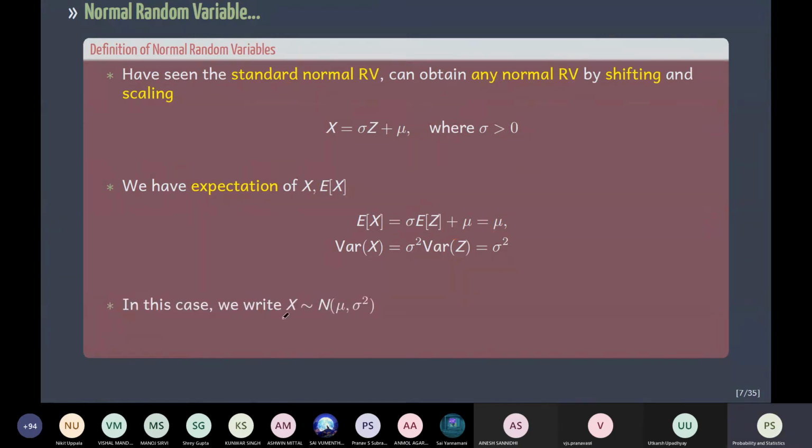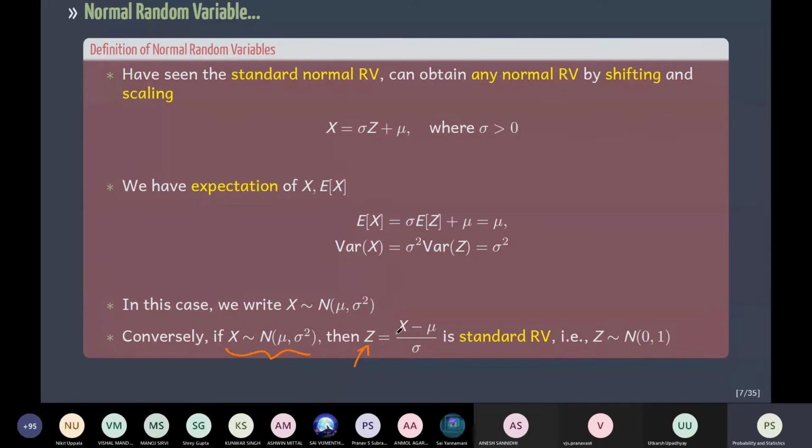So for a normal distribution, we write it like this. Now in place of 0 we have mu, and in place of variance we have sigma squared. So this is called normal distribution. And conversely, if X is a normal distribution, then you can create a standard normal by doing this kind of transformation.